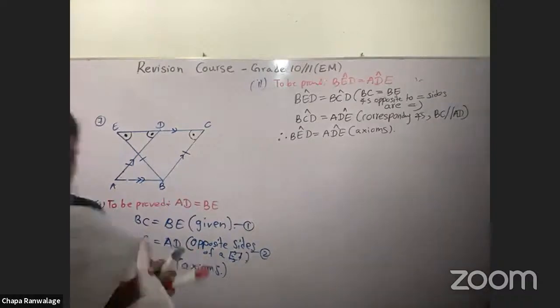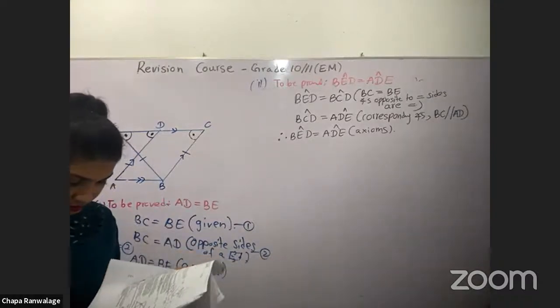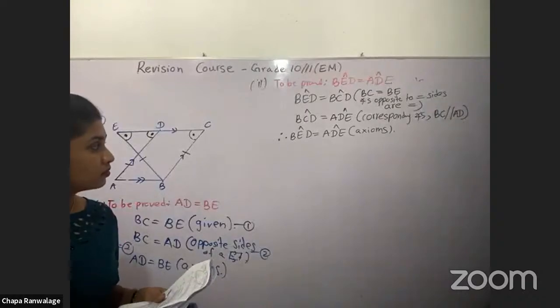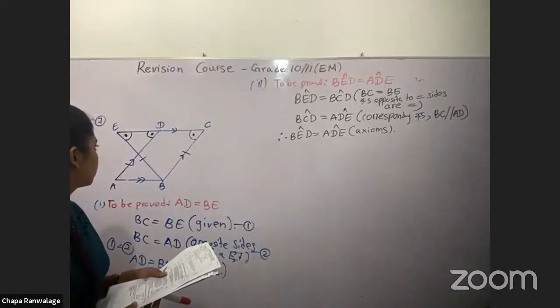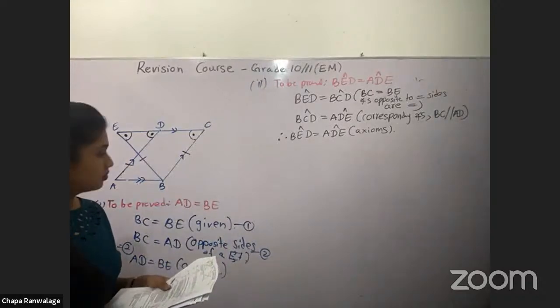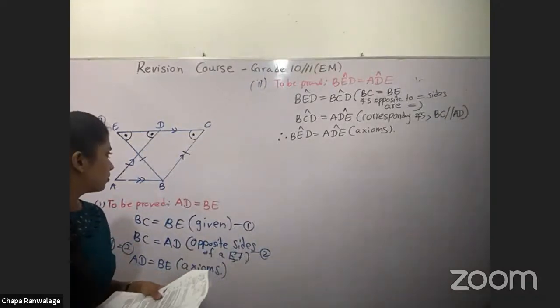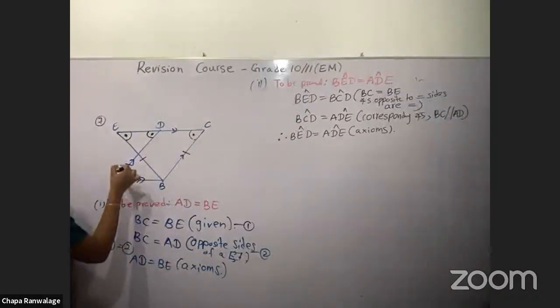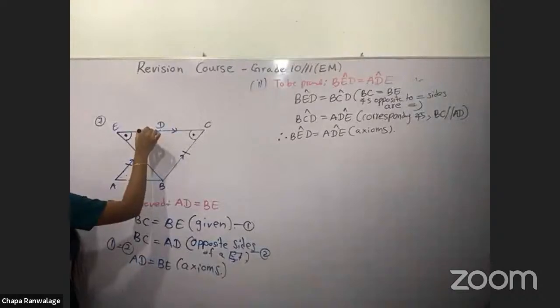And then this one is equal to this one is equal to this one. Therefore, these two are equal.